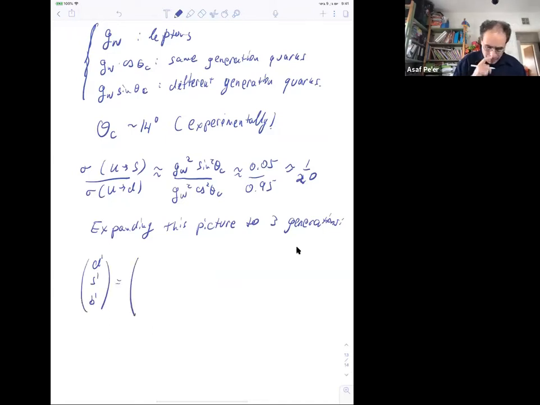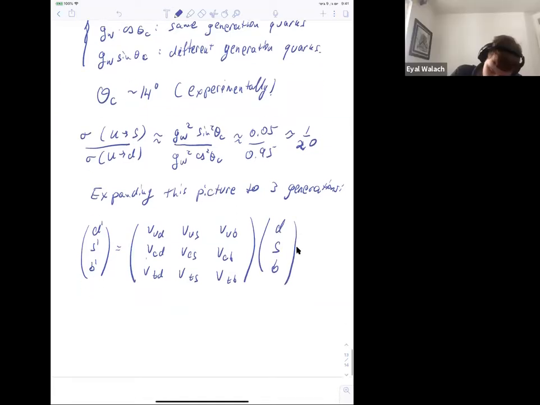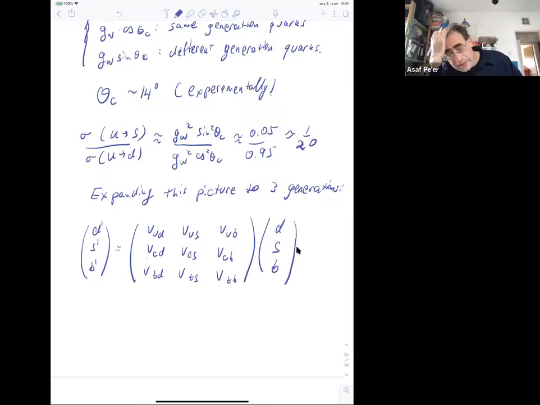You can write this as a matrix of numbers: V_ud, V_cd, V_td, V_us, V_cs, V_ts, V_ub, V_cb, V_tb, acting on D, S, and B. That's known as the Cabibbo-Kobayashi-Maskawa matrix. This is the CKM matrix.